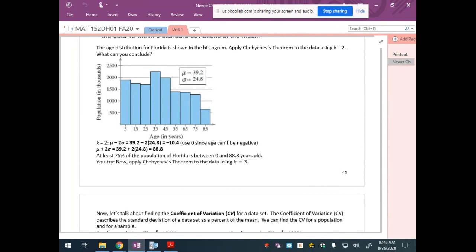If we went 2 standard deviations below the mean, we get negative. Now, we would have to use 0 since age cannot be negative. If we went 2 standard deviations above the mean, that would be 88.8. At least 75% of the population of Florida is between 0 and 88.8 years old. Well, that is true. At least 75%. What percent do you think that would be?